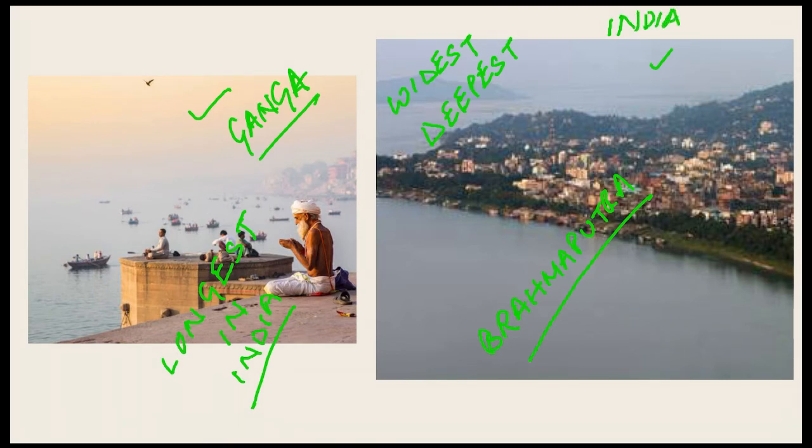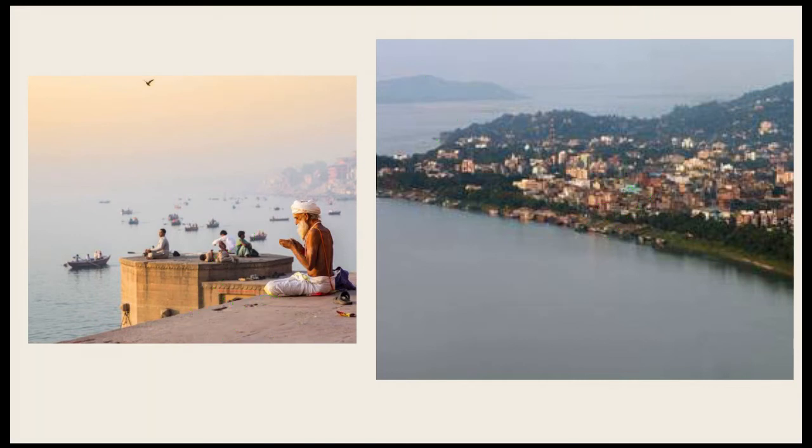So, the longest river in the world is Nile. The longest river in India is the Ganga. The widest river in the world is Amazon. The widest river in India is Brahmaputra. The deepest river in the world is Congo River, and the deepest river in India is the Brahmaputra.